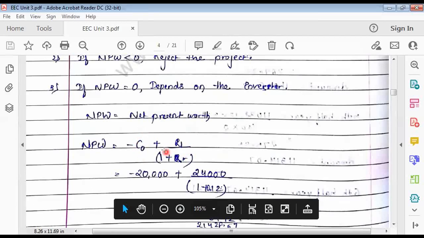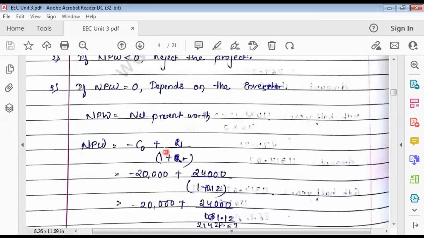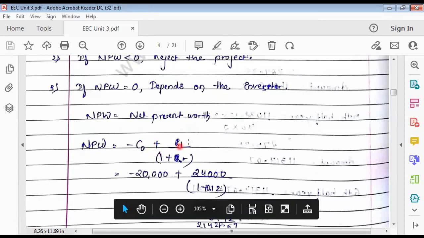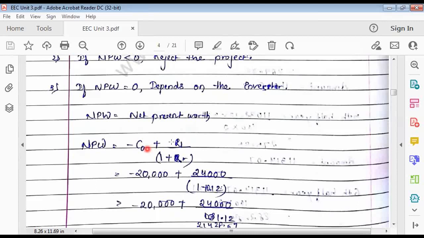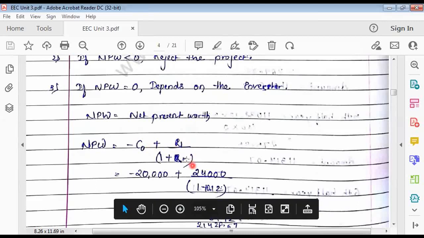How to compute NPW? Minus C0 plus R1 by (1 plus r). And I assume you still remember what is what here. C0, C means cost of the project. 0 and 1 stand for time, where 0 means present time, 1 means after 1 year. The small r in the denominator is the rate of interest.